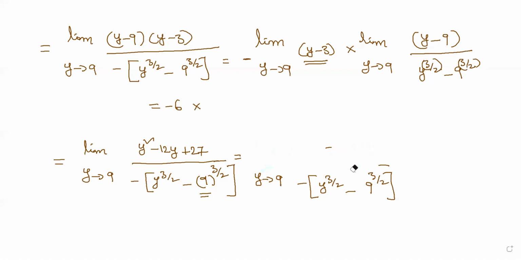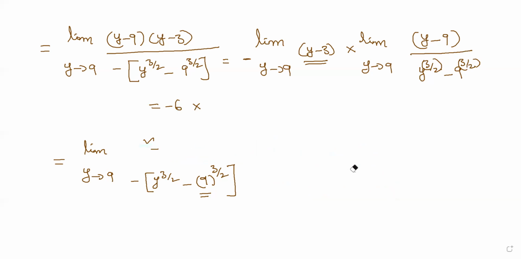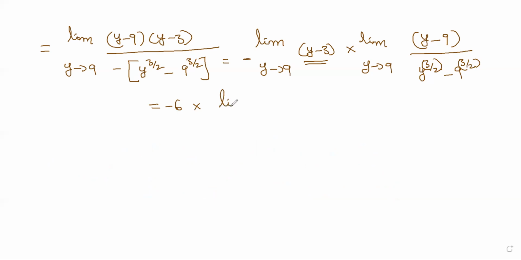Now what we do is, this part is minus 6, and now you have limit y tends to 9. Let me topple this: 1 by y power 3 by 2 minus 9 power 3 by 2 divided by y minus 9.